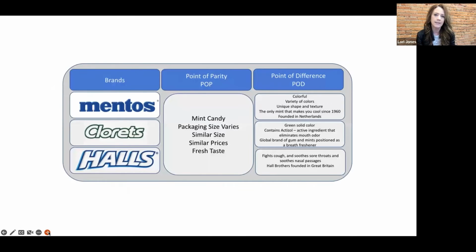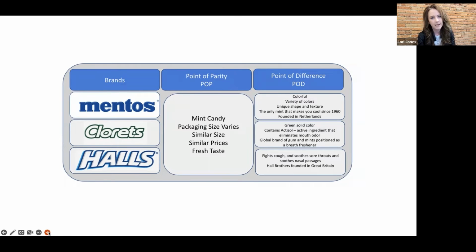Let's take an example of brands that we can all relate to very, very well. We all need that mint every once in a while. Mentos, Certs, and even Halls, although most people use it more for a throat lozenge than they do a true mint. These three brands consider themselves core competitors. So the points of parity are, they're all mint candies.